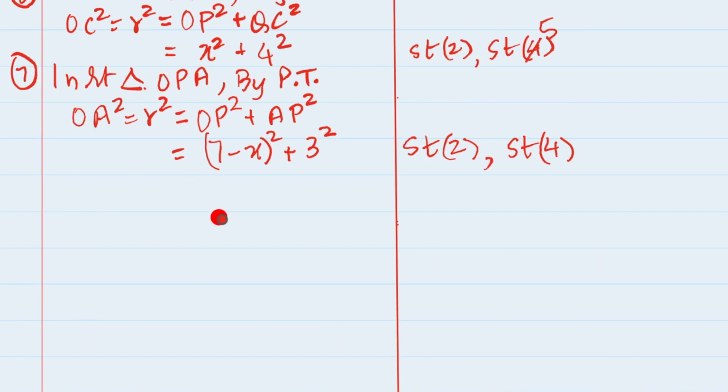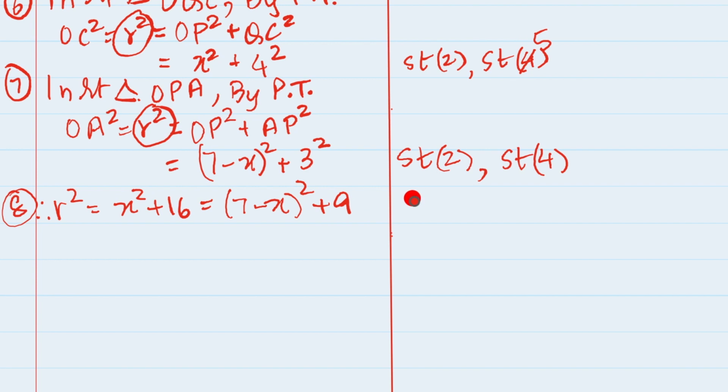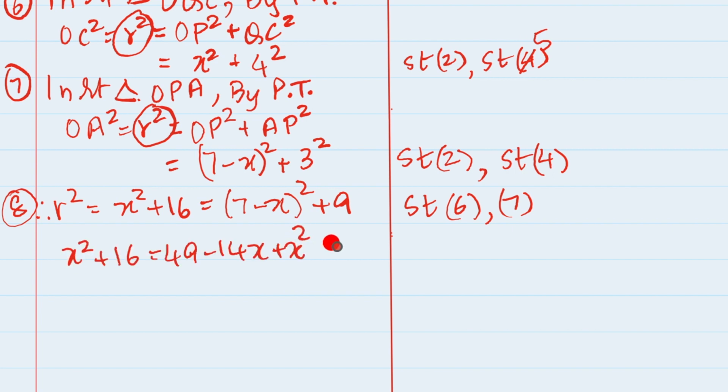Now we have to find radius, but can you see this is r square equal to this, and this r square also is equal to this, and so we are going to equate them in statement 8. So we'll say therefore r square is equal to x squared plus 16, which is equal to 7 minus x whole square plus 9. This will be from statement 6 and 7. Let's open the bracket. Got that?